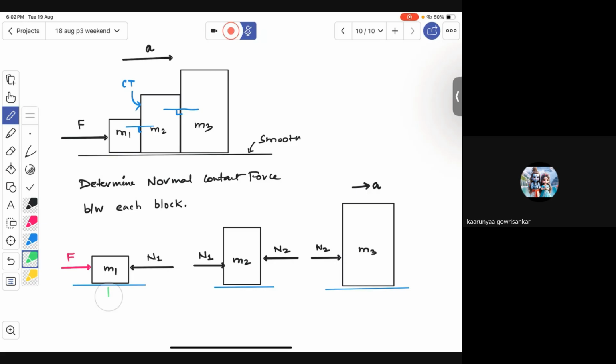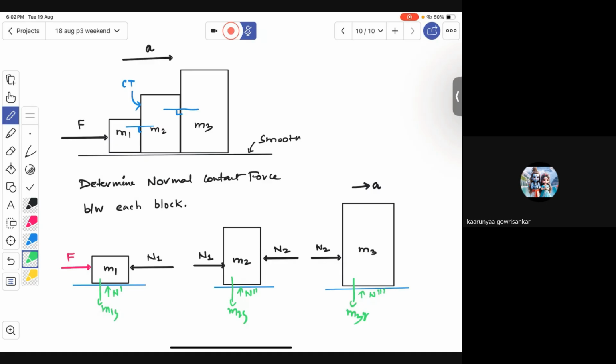So the normal contact force here I call N dash, here N double dash, here N triple dash. What else will be there? M1g, M2g, M3g. Things along vertical are of no use, so I'm not drawing them here, but that does not mean you should not think about them and should not draw them in some CBSE kind of exam.